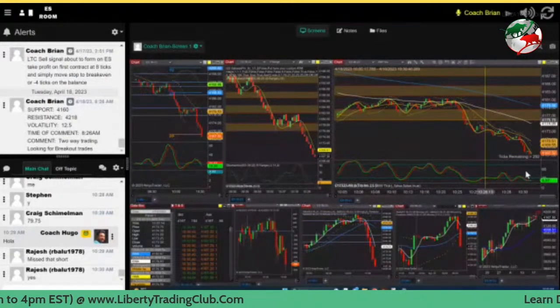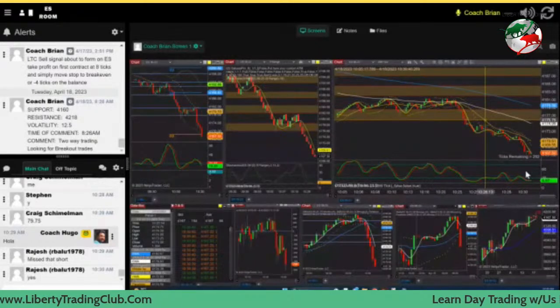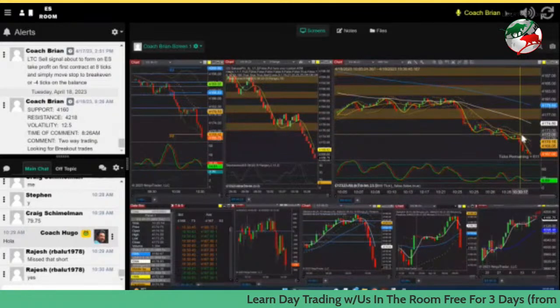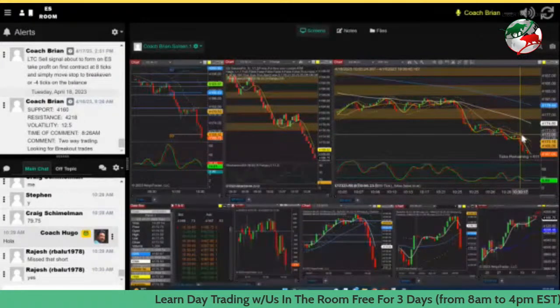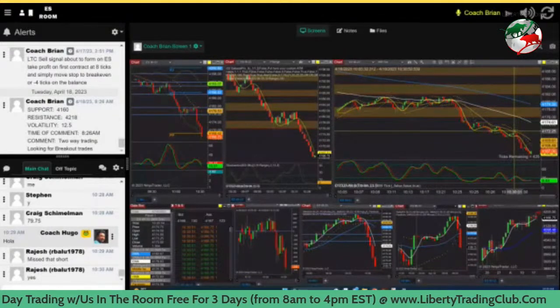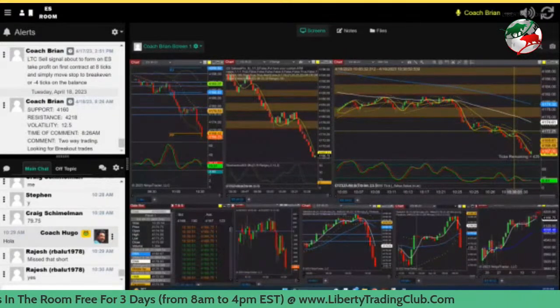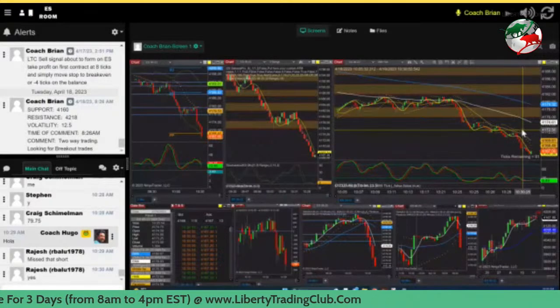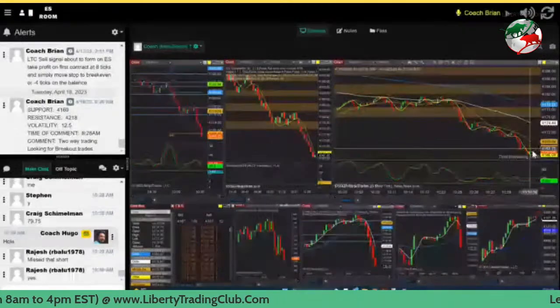Let's get down. Minimum stop here. If you guys want to use the mid Bollinger, you could use that mid Bollinger here as a stop. If you have multiple contracts, definitely take a contract off now.